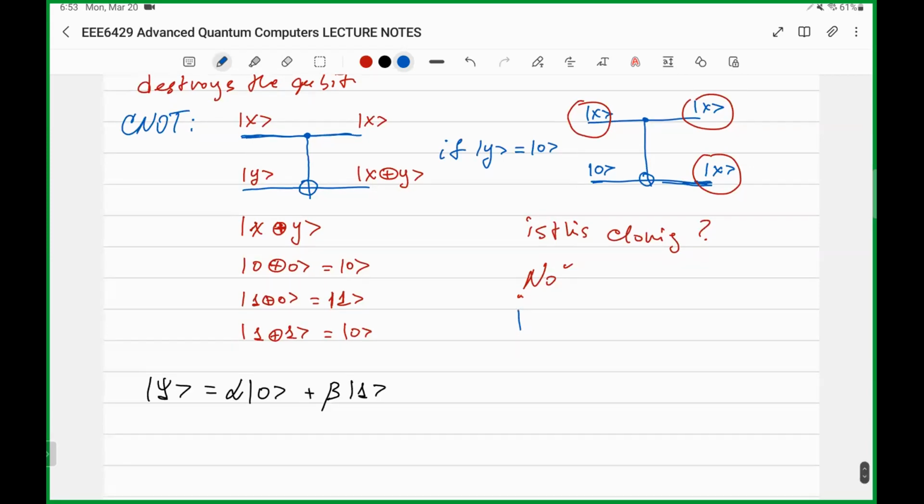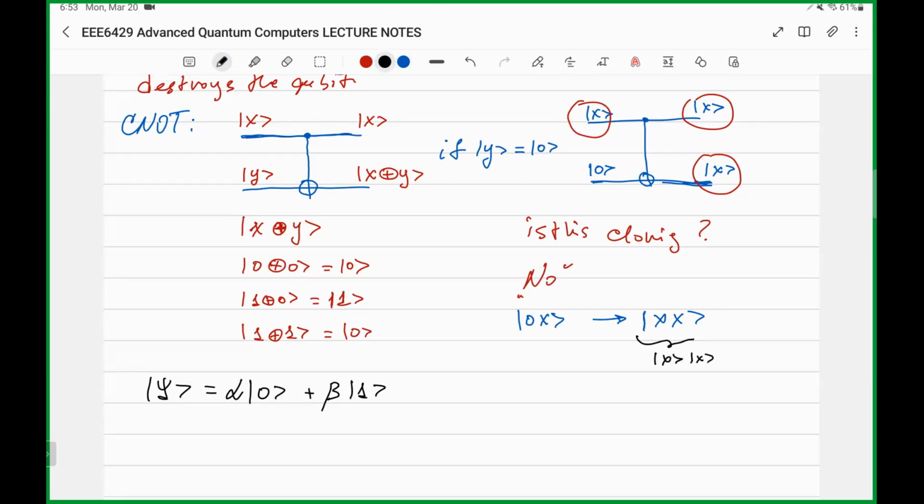So in the input, the state of 2 qubits is 0x, right? And x is either 0 or 1. And in the output from this CNOT gate, I get state xx, right? So this final state is the product of 2 states, product of x and x.